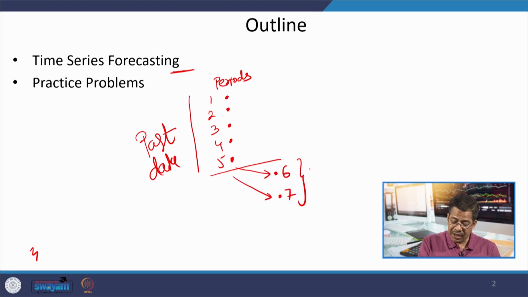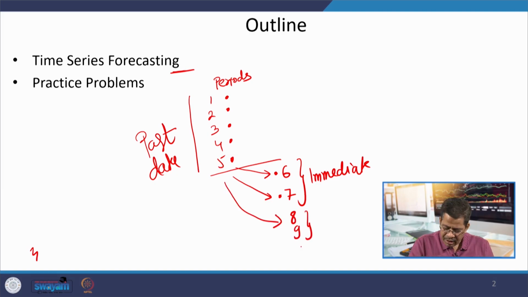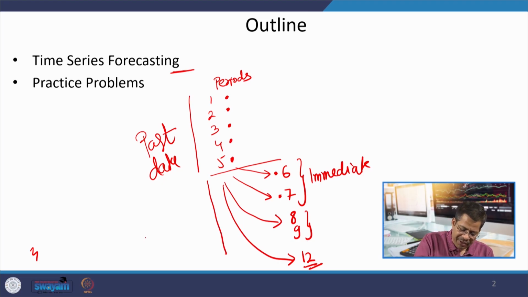These are my immediate next periods. Can I predict for the 8th, 9th period? Slightly far. Or can I predict for the 12th period, which is even far? So, all those things are possible with the help of predictive analytics.